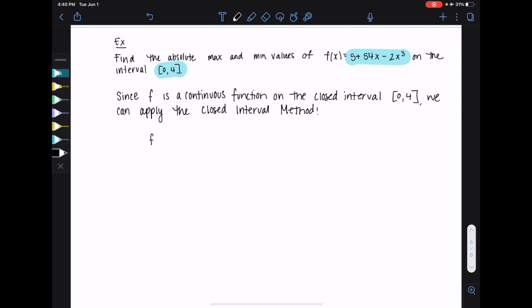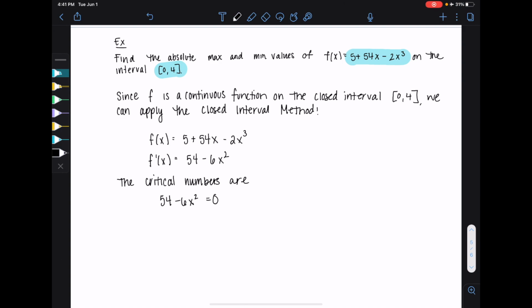So step 1, we have to find the critical numbers and then figure out what the y values are there. So to do that, we've got to take the derivative. So if I differentiate that, it would be 54 minus 6x squared. So now that we have that, the critical numbers are, we set the derivative equal to 0 because it's not undefined.